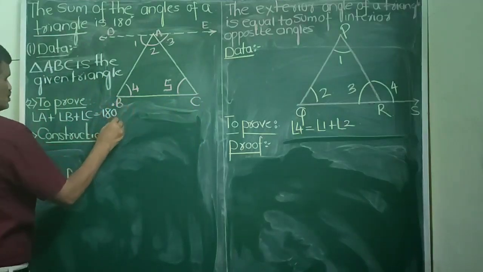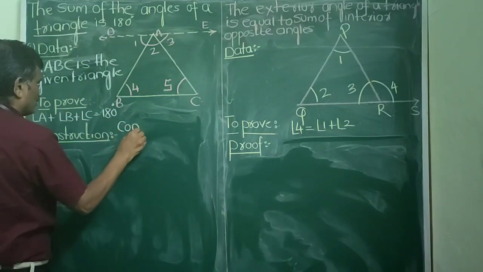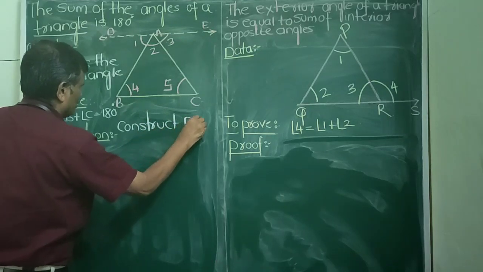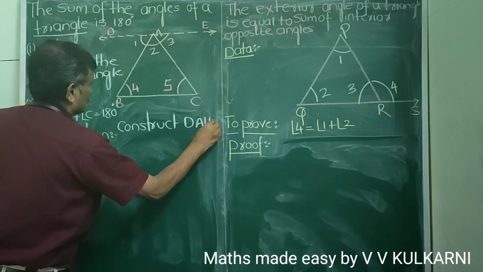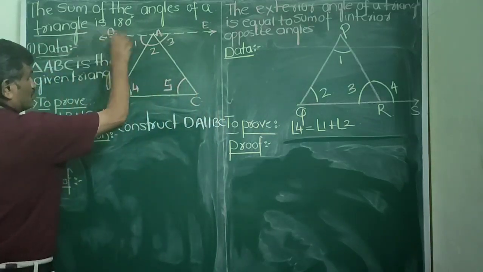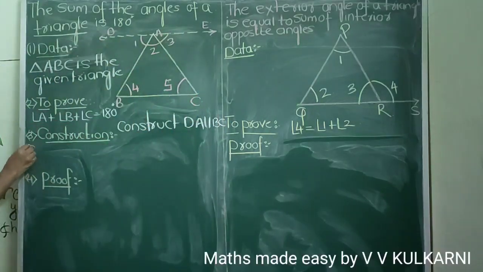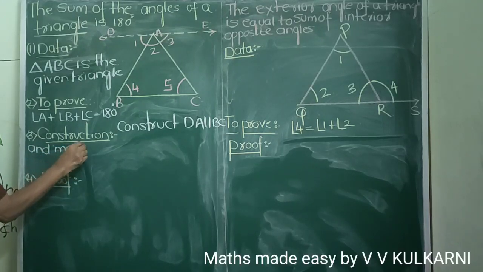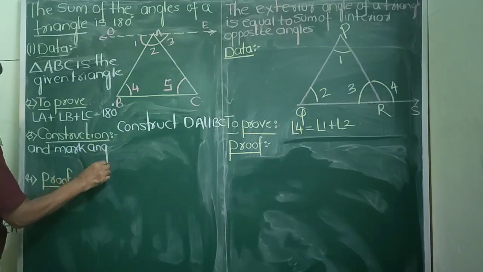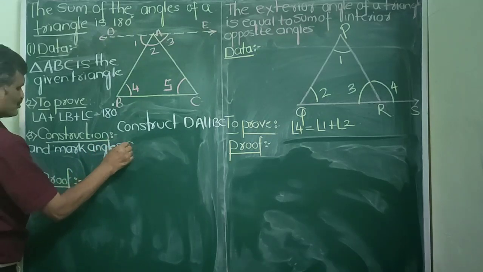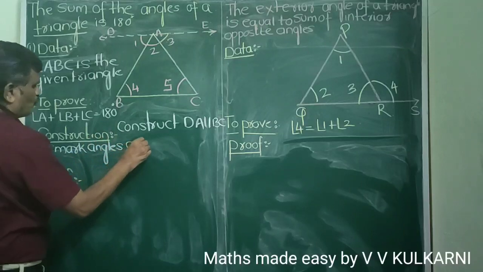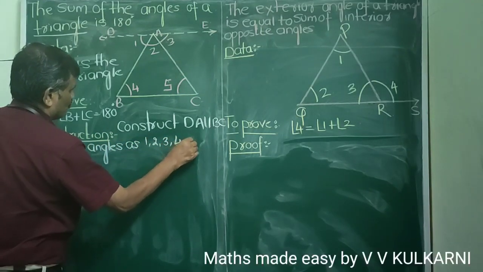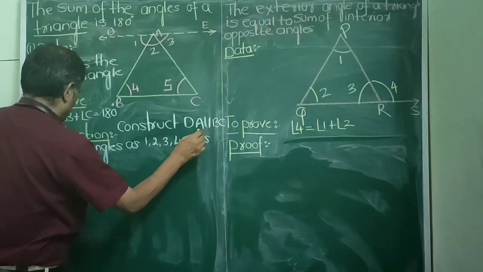So I write here: construct DA parallel to BC and mark angles 1, 2, 3, 4, 5 as shown in the figure.